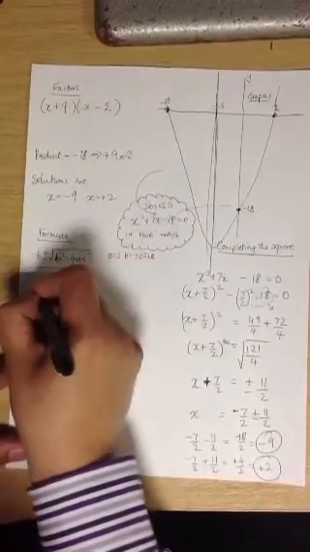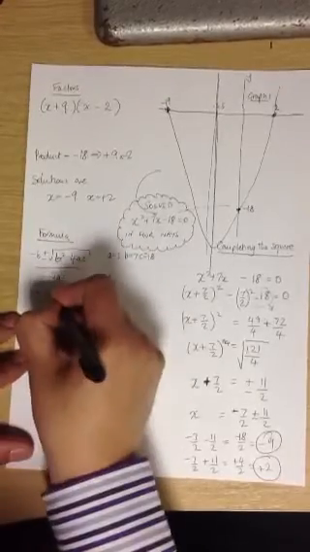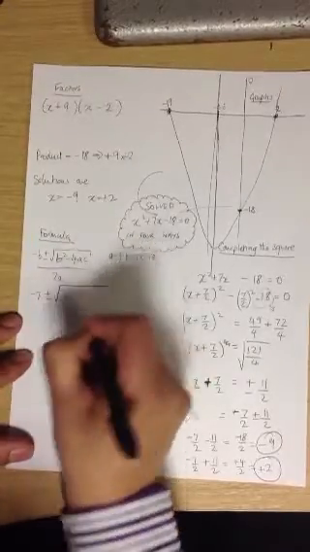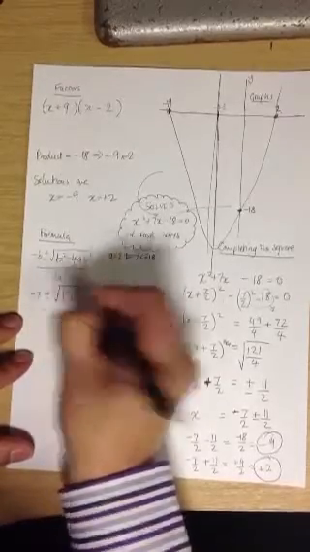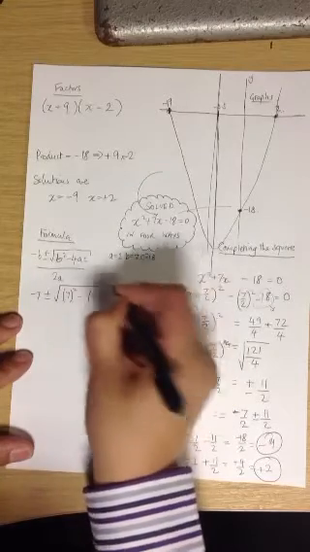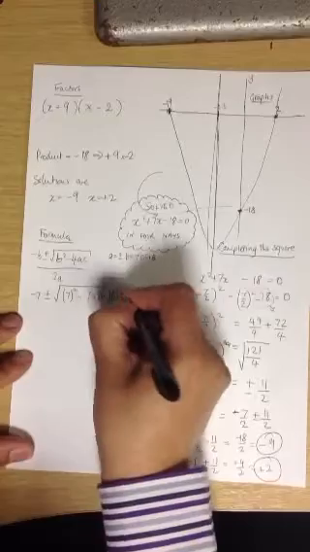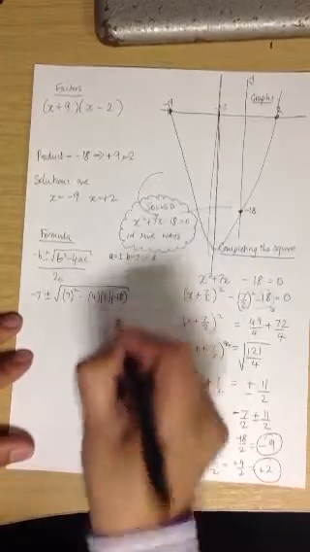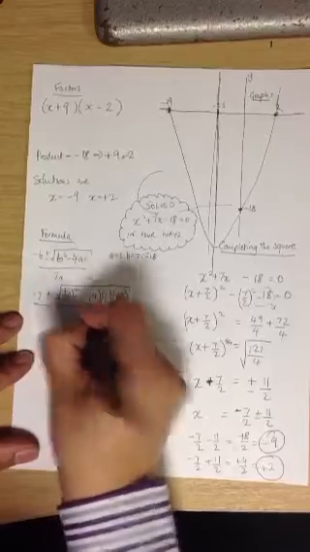Let's put in B, B is 7, so that's minus 7, plus or minus the square root of B squared, 7 squared, minus 4 times A times C. Don't forget that negative for the 18. All divided by 2A, so that's all divided by 2.